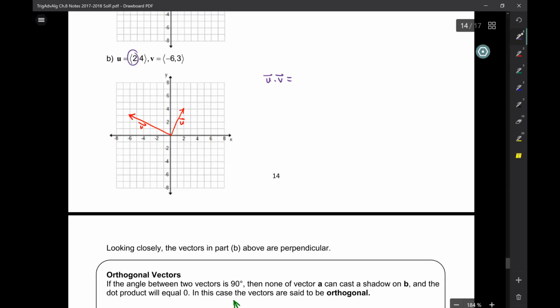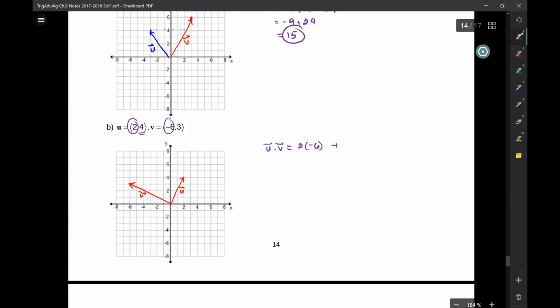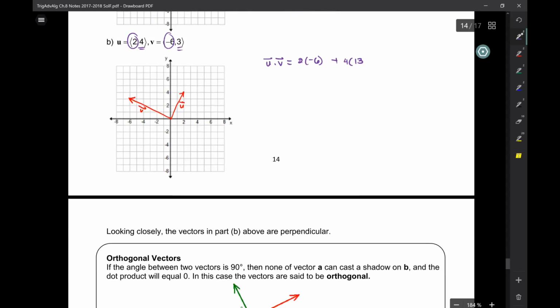And that's going to be 2 times negative 6, always plus, 4 times 3. So that's negative 12, positive 12. That's 0.